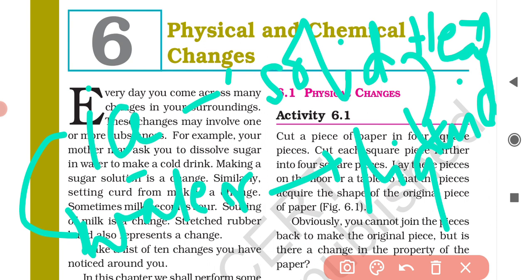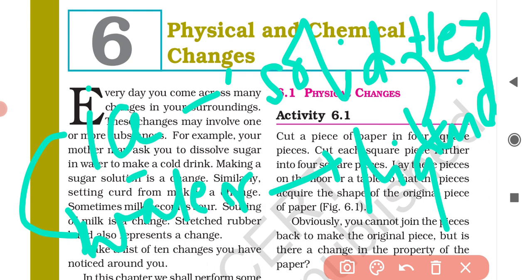Okay, that means melting. Melting of ice is a very common change around us. So this involves a change in its state from solid state to liquid state.